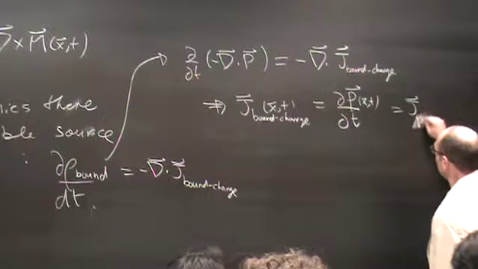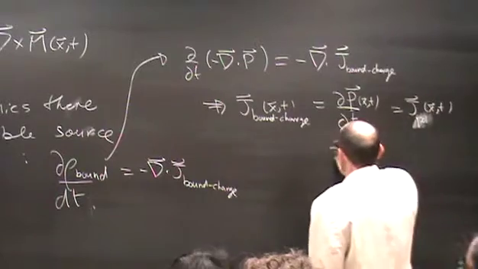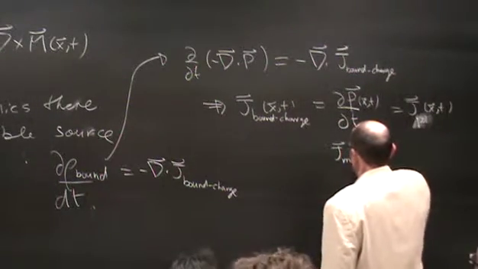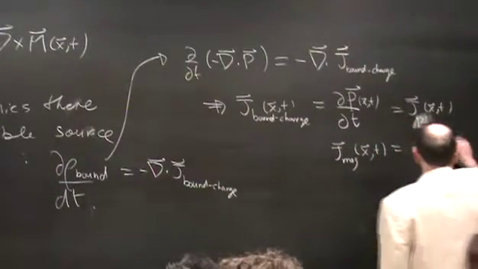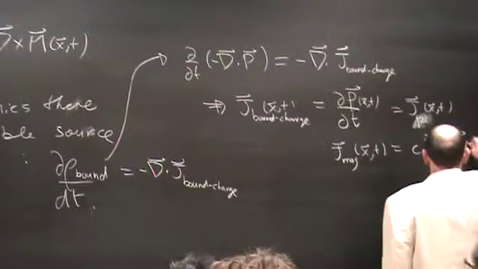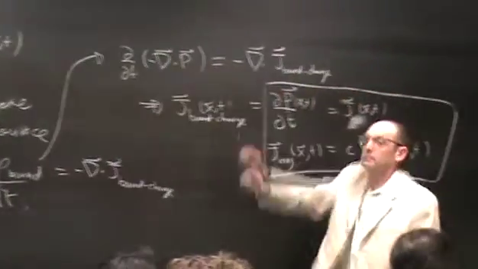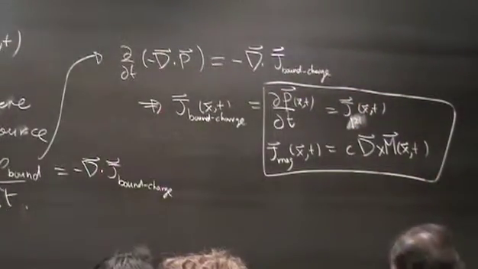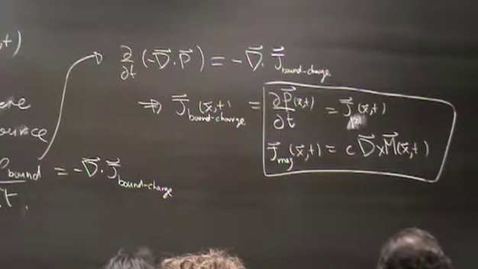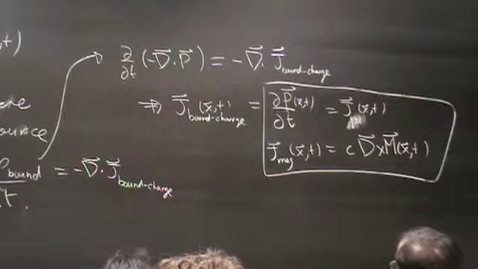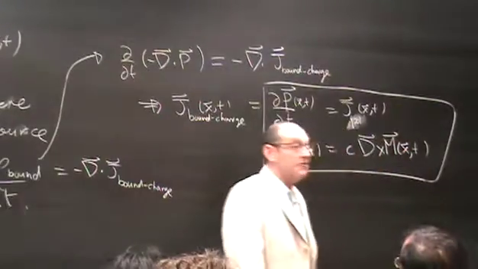Just call it J pol. And we'll call the other thing the magnetization current. Okay, so now we're ready to write down the macroscopic version of Ampere's law.